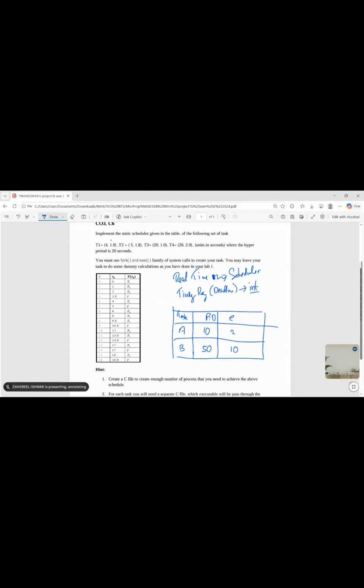So in the first lecture, what we did was I showed you guys what the utilization is here. We can calculate them. This guy is 2 out of 10. This is 10 out of 50, right? So what's the value here? This is equal to 0.2.